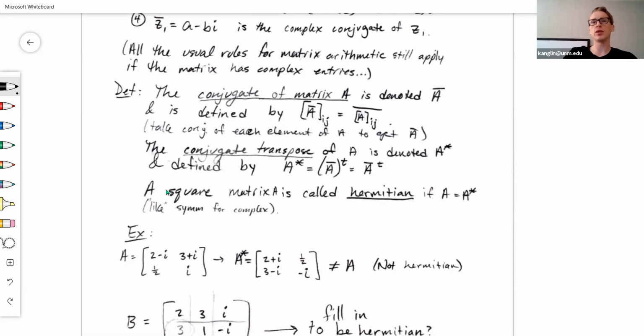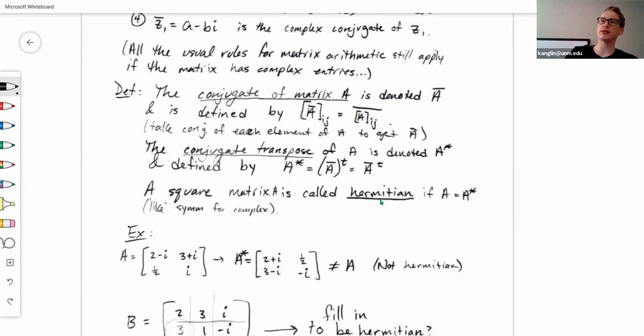So here we have it: a square matrix A is called Hermitian if A is equal to its own conjugate transpose. This is not the same, but it's similar and useful in similar ways to symmetric matrices, except for complex matrices.